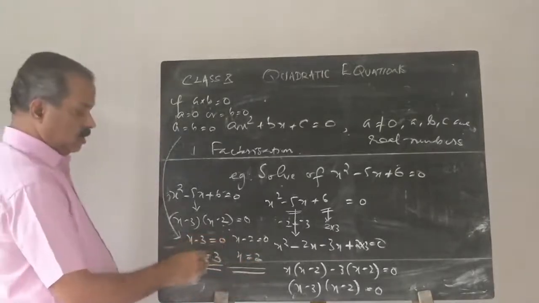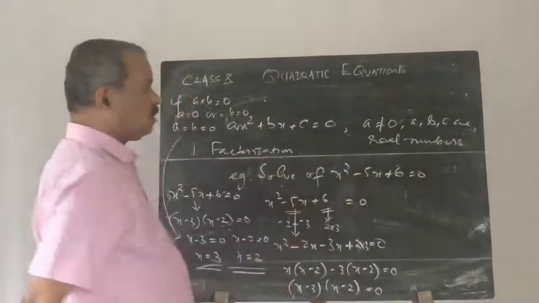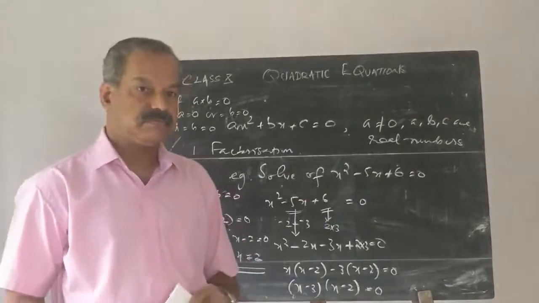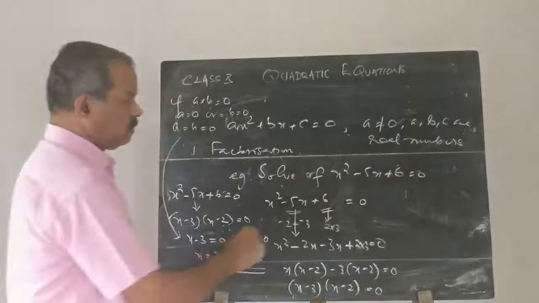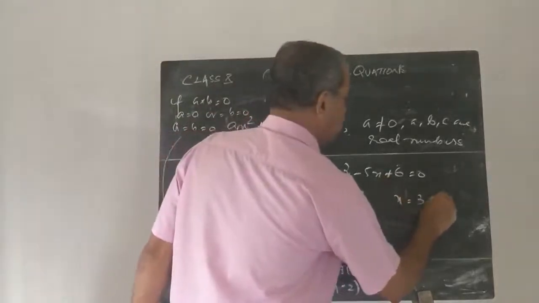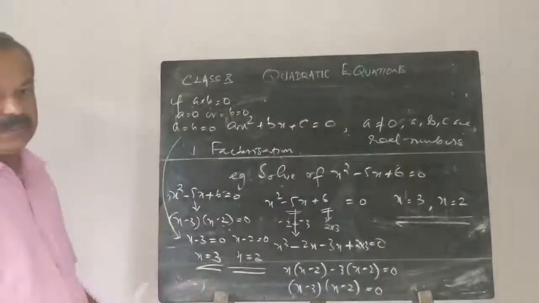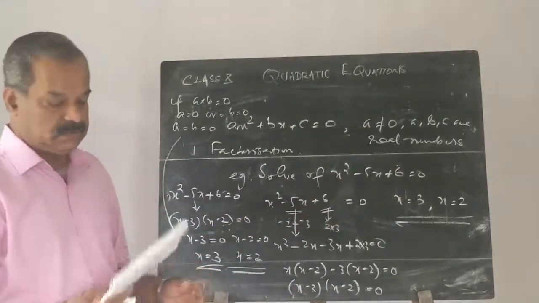These 3 and 2 are the solutions of the quadratic equation x square minus 5x plus 6 equal to 0. What are the solutions? X equal to 3, x equal to 2. We have two solutions for this quadratic equation.